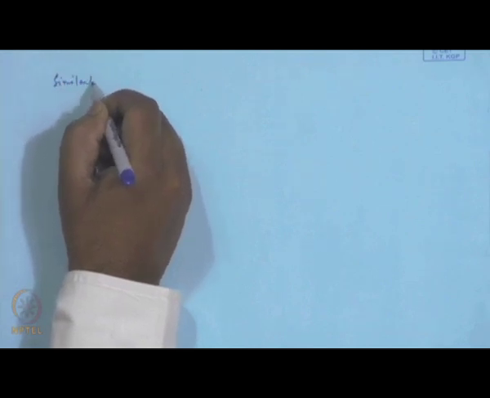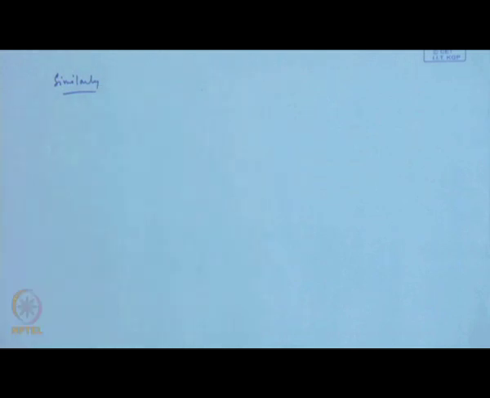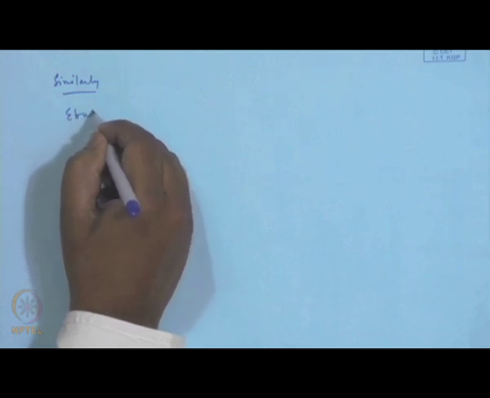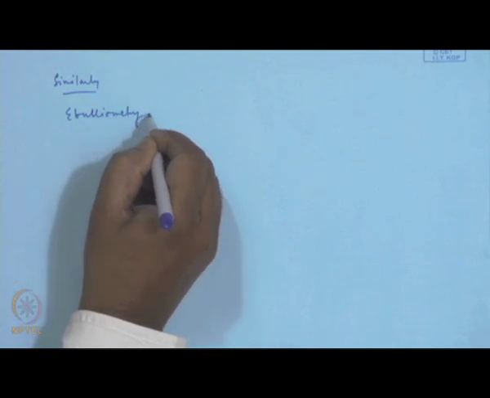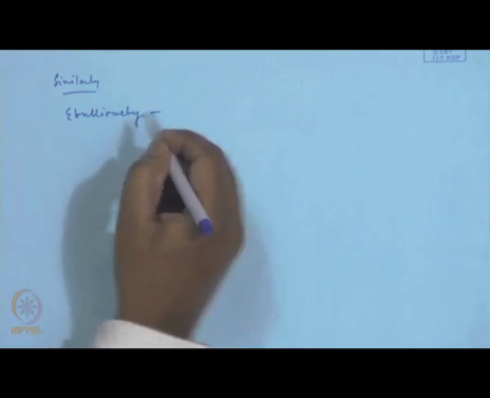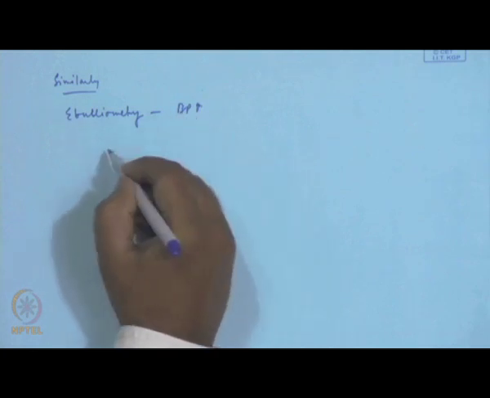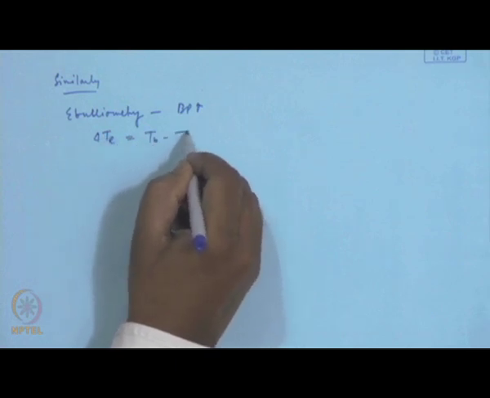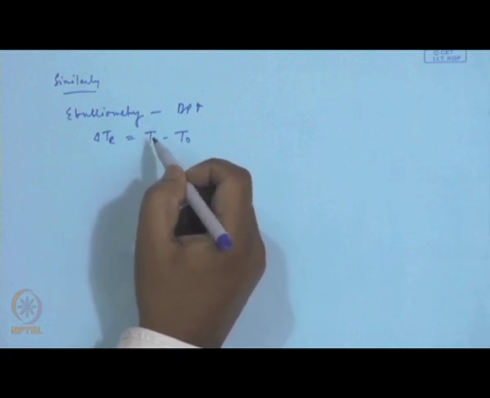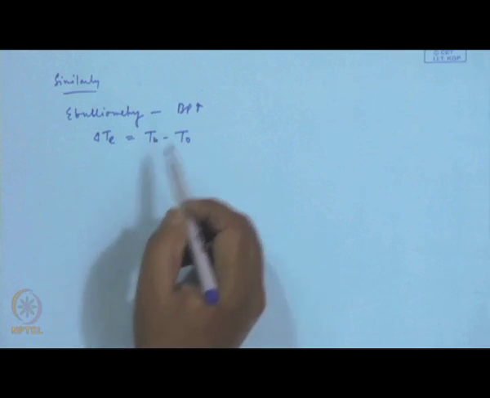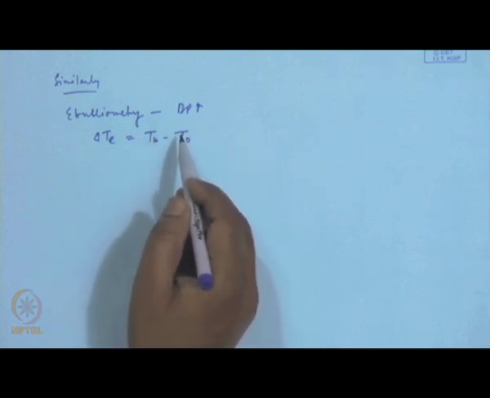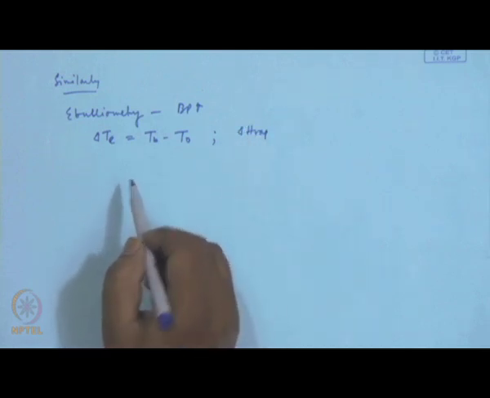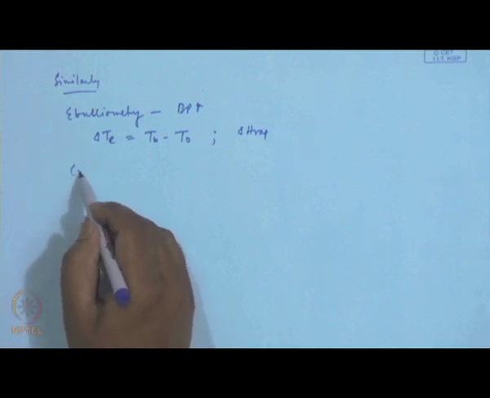The same principle applies to ebulliometry, which deals with the elevation of boiling point, where delta T E is Tb minus T0, where Tb is the boiling point of the solution and T0 is the boiling point of the pure solvent. And here we require the value of delta H, the molar heat of vaporization.